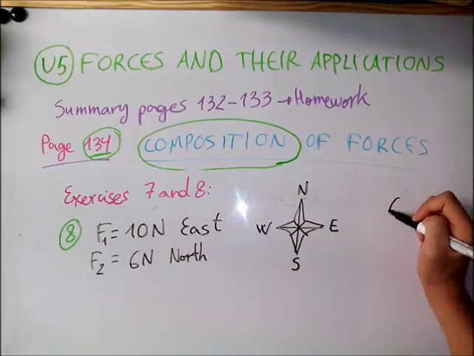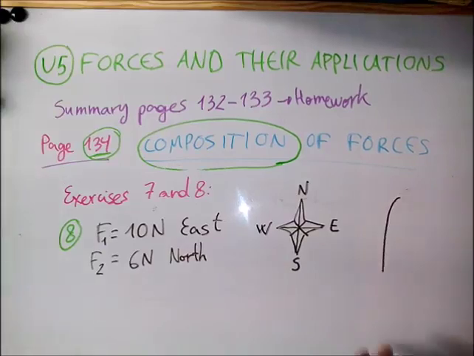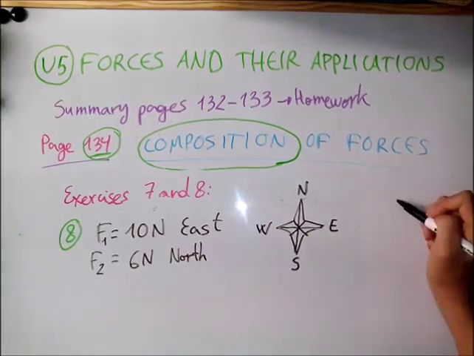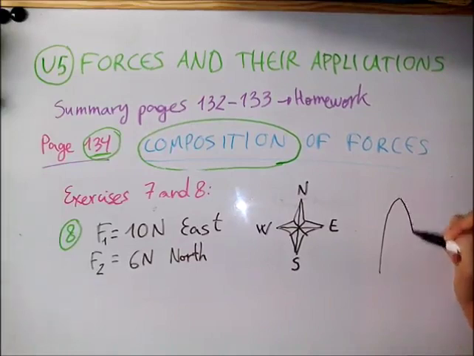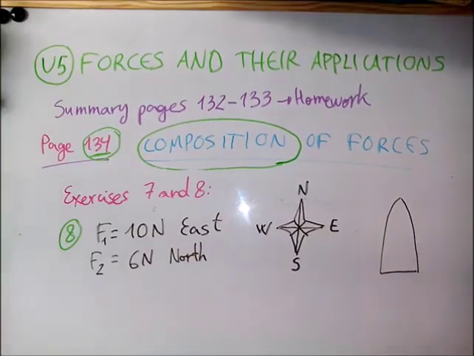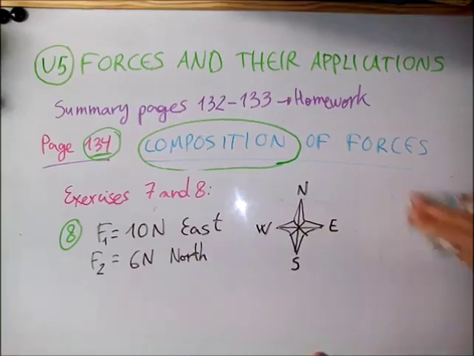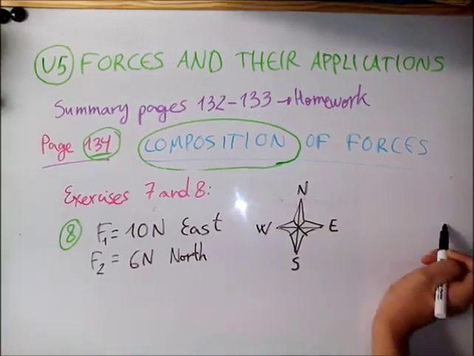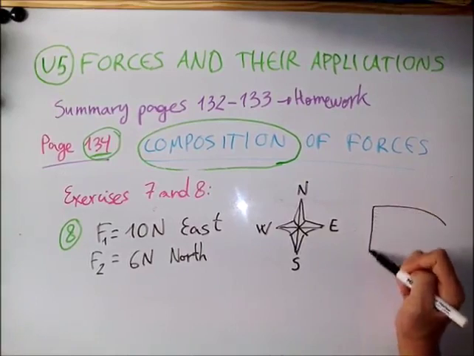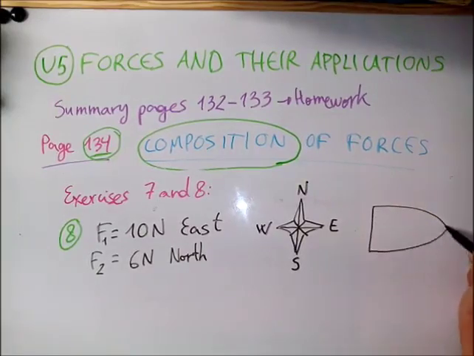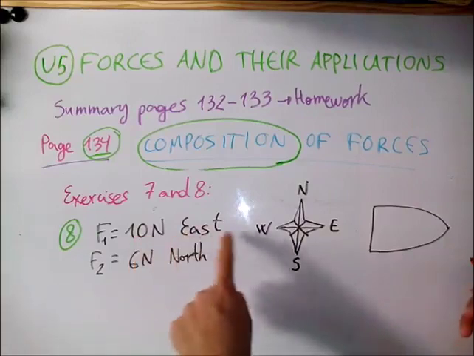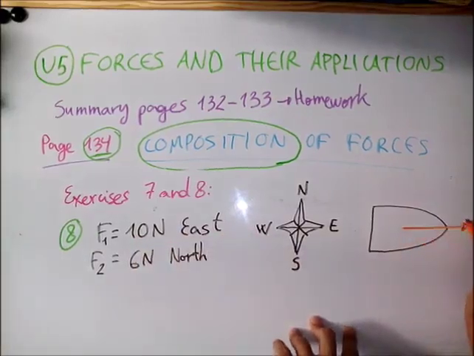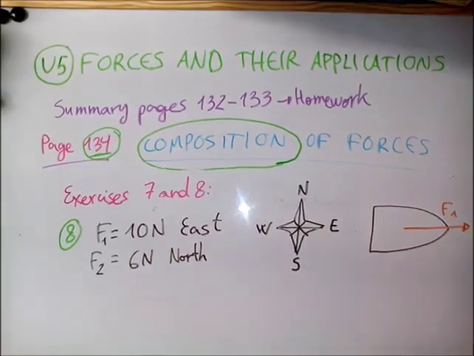So the boat is going to be, well, what a terrible boat, kind of like this. Sorry, going in the other direction. If we look at it from above, the force that the boatman is exerting is 10 Newton to the east, so this is going to be force 1.